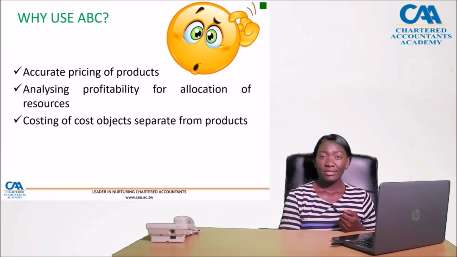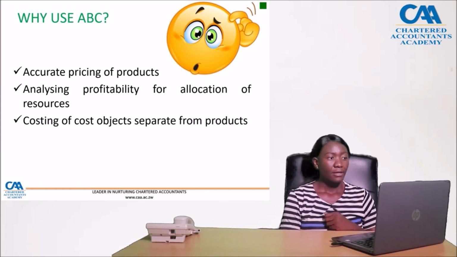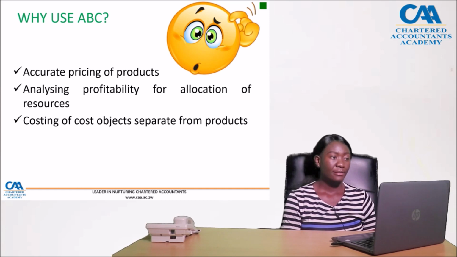I would also need to use activity-based costing for costing of cost objects separate from products. So on this one, we are saying it is also useful for costing of cost objects separate from products. When ABC is applied, it is applied to support activities.